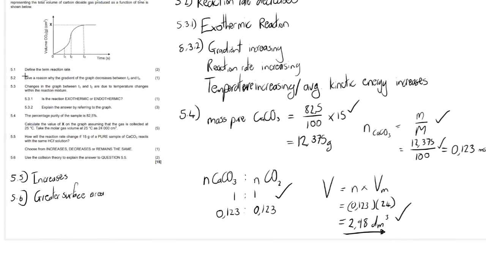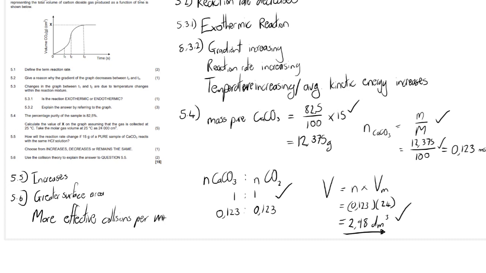But it's collision theory, so we need to mention more effective collisions per unit time. So watch out to not miss out on that. So greater surface area, and then secondly, because it's only 2 marks, more effective collisions per unit time.